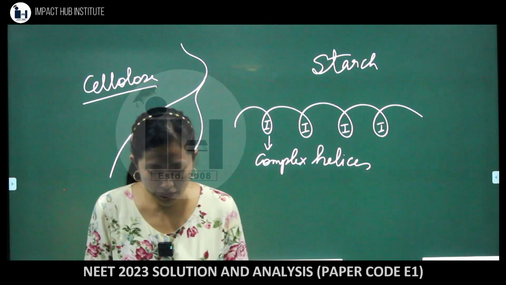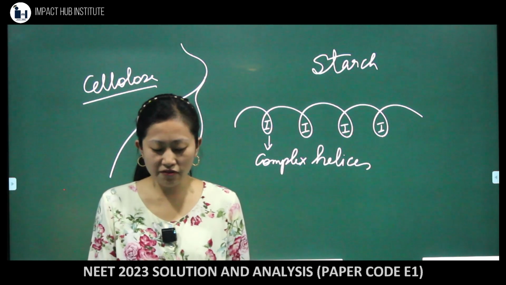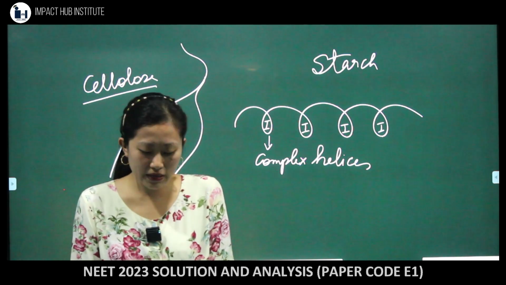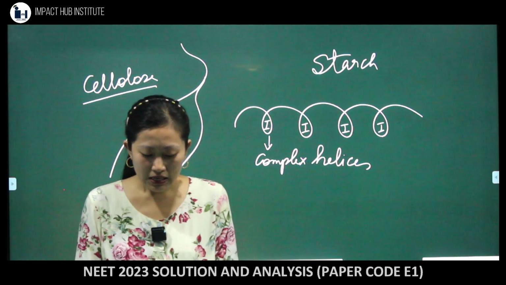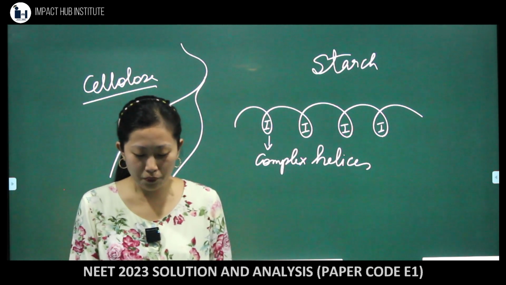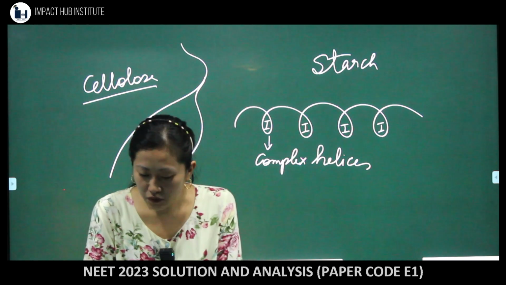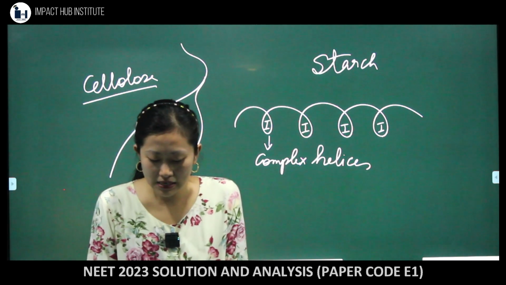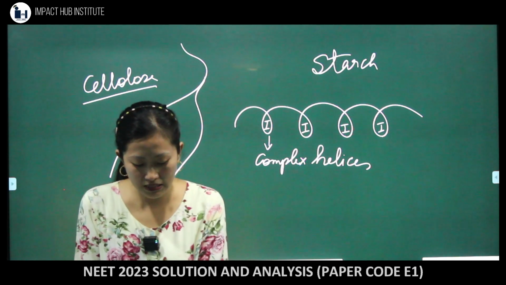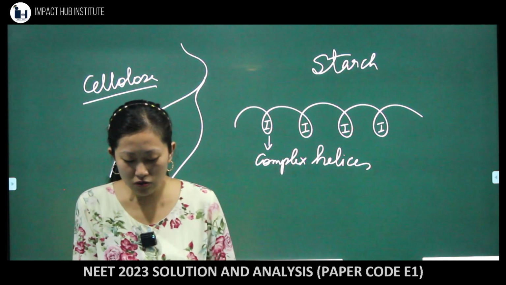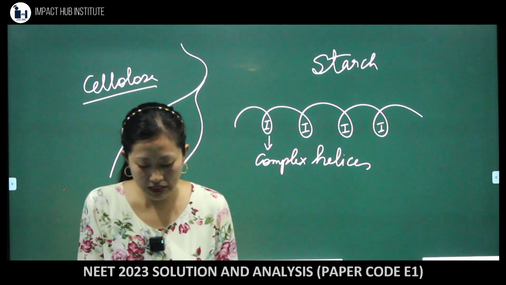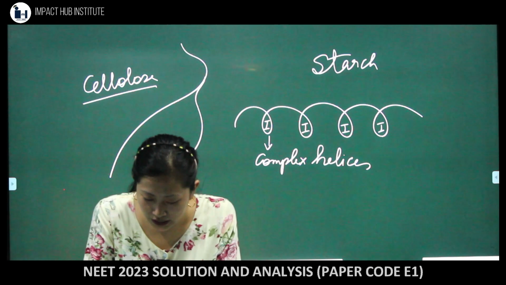Question number 119. This is from Morphology of Flowering Plants. Here they have given us 3 families, that is Fabaceae, Solanaceae, and Liliaceae. We are asked to compare these 3 families with respect to the androecium, that is the stamens. The question says, family Fabaceae differs from Solanaceae and Liliaceae. With respect to the statements, pick out the characteristics specific to family Fabaceae but not found in Solanaceae or Liliaceae.